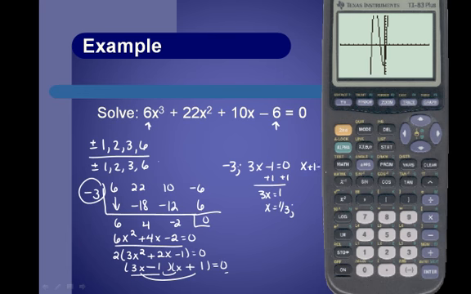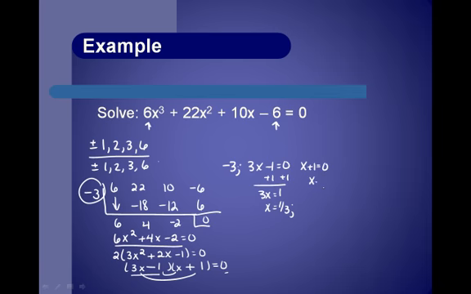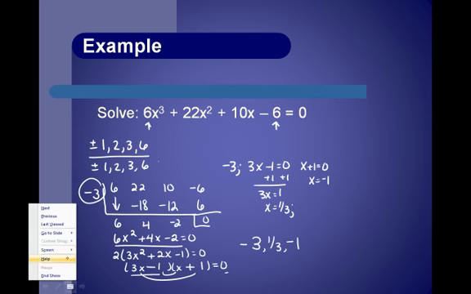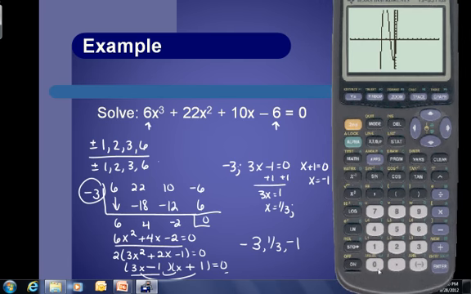And then x plus 1 equals 0. That means x is negative 1. So our 3 solutions would be negative 3, 1/3, and negative 1, which, looking at our graph, you see that the graph crosses the x-axis at negative 3, negative 1, and 1/3.